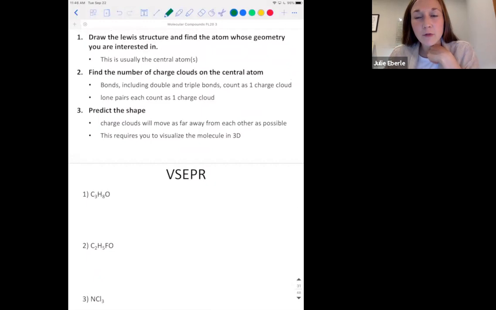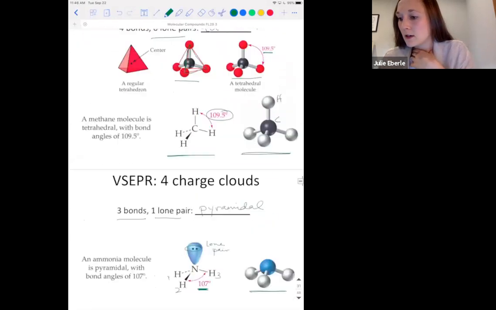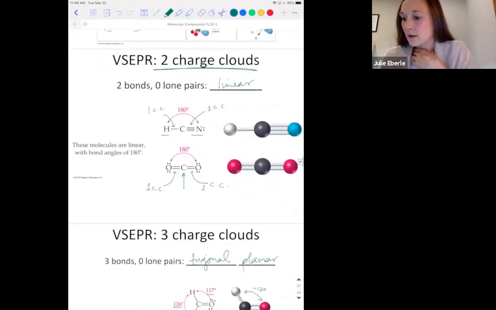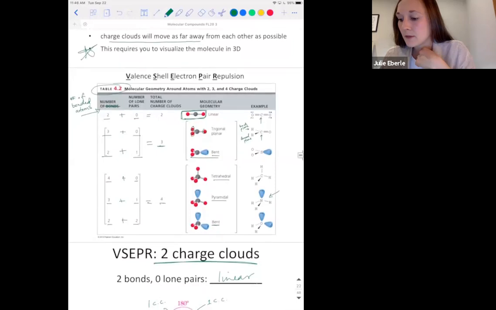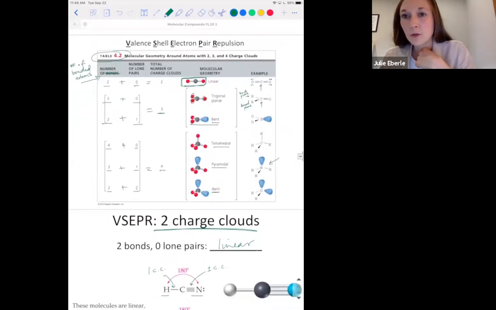If you're in chapter 4, go to the section titled Molecular Geometry, and I guarantee you'll find this table right here. It's table 4.2 if that helps. I would try to find that table, and it will help you with this.